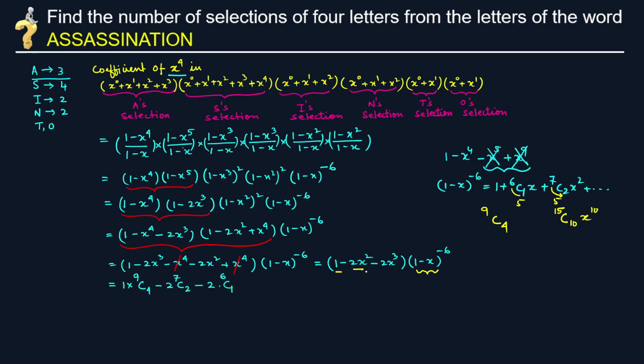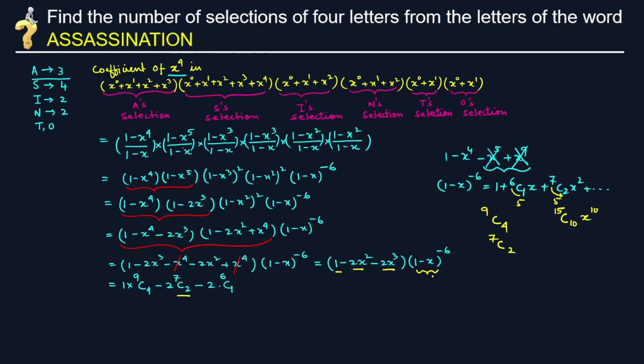Now we are having a square. So I need x square from this expansion. What will be the coefficient? Here it will be c2, but since the gap is 5, it will be 7c2. So that's exactly what I have written, 7c2 over here. And 2 is multiplied here, right? Then we are having x cube.